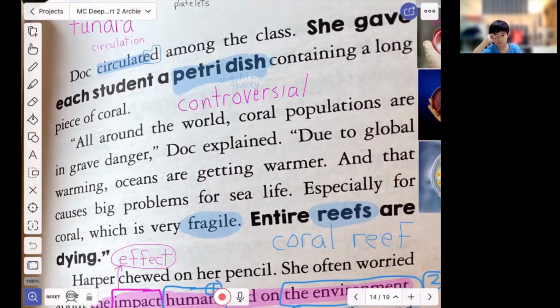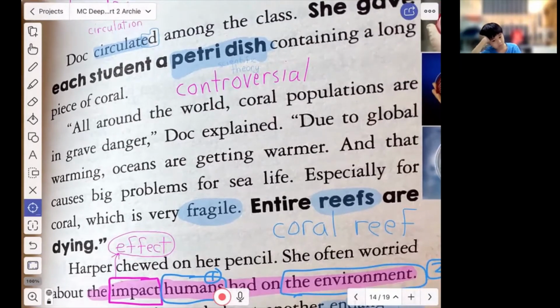So this teacher is saying, oceans are getting warmer. And she's saying that's because of global warming. And then she says, and that causes big problems for sea life. Now she's saying these sentences like they are fact, right? She is not saying it is a theory. She's not saying some scientists believe.